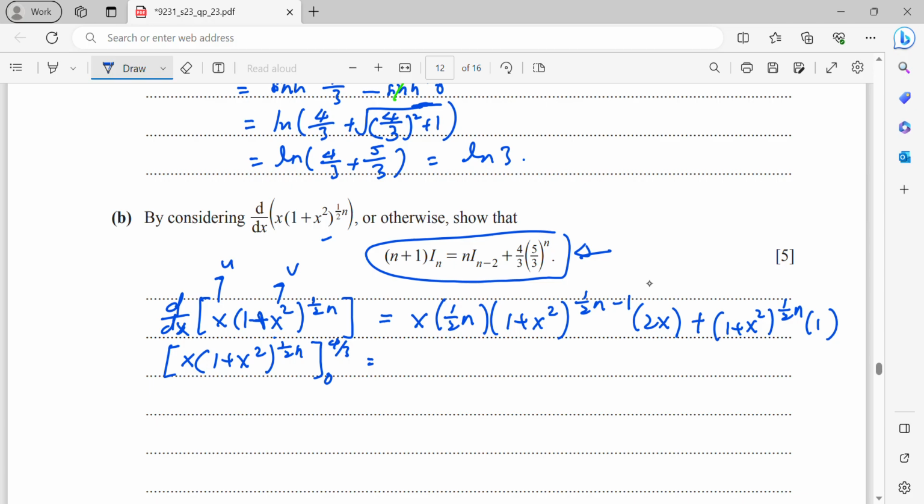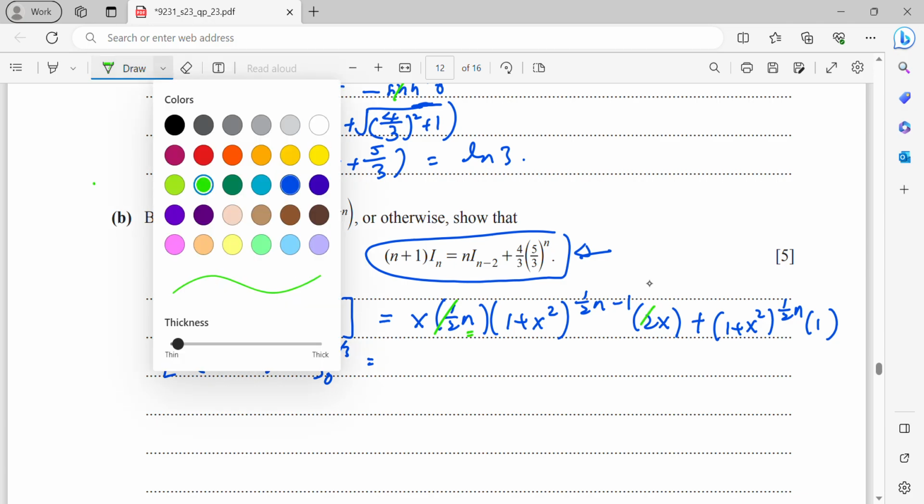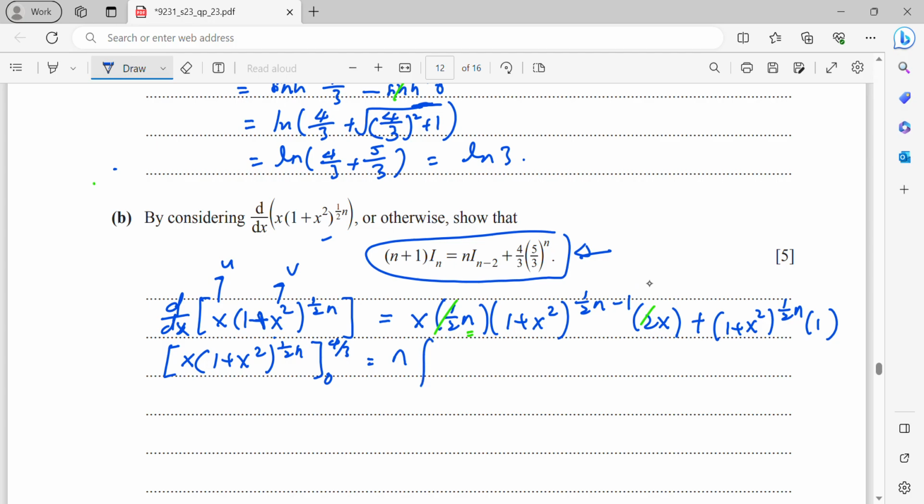Then here I will get integration. So before that, I will simplify. The half and 2 cancel. Then I have the n. I will take out the n. So it will be n integrate 0 to 4 over 3. Then I have the x squared because x in front and at the back. Then dx plus another integration.